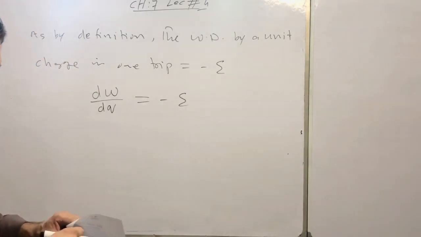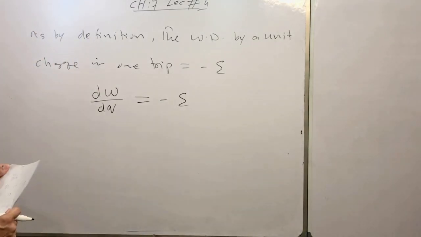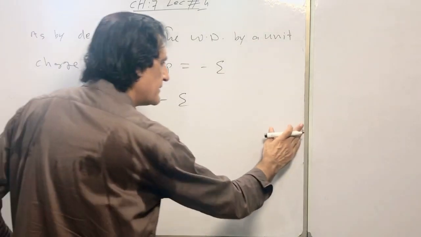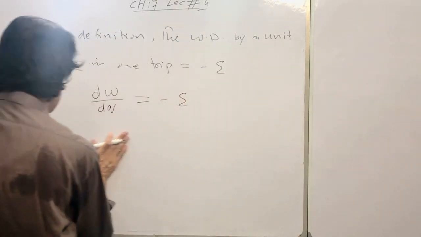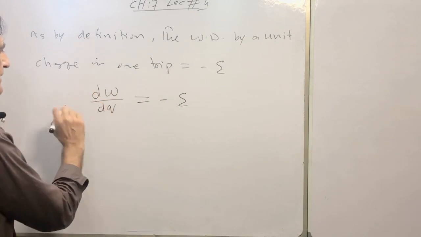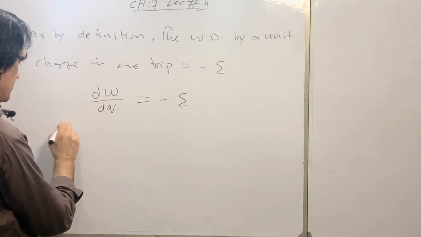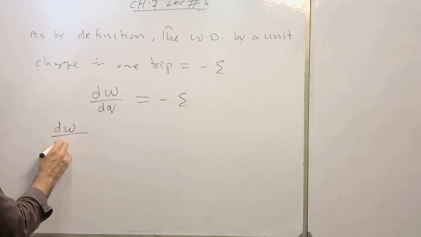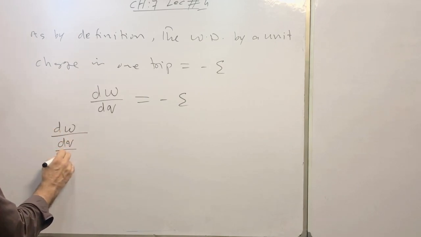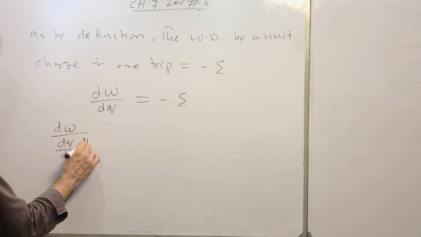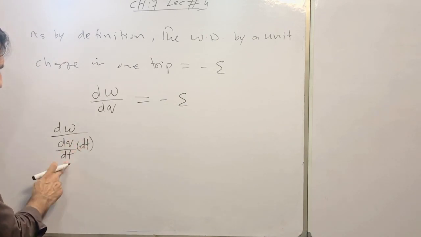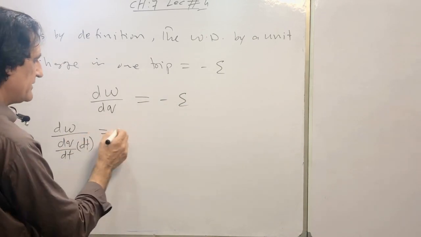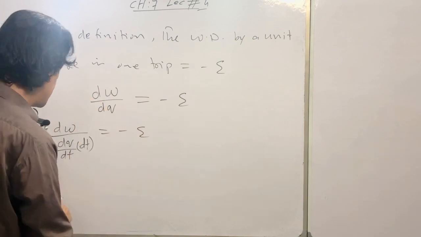And here if I extend this equation and write dW divided by dq divided by dt and dt, this dt will cancel out and we have the same result.